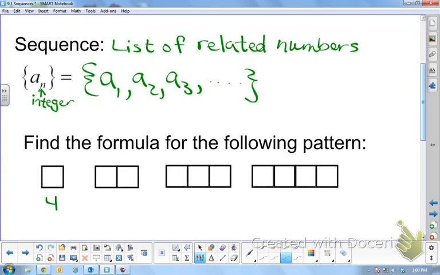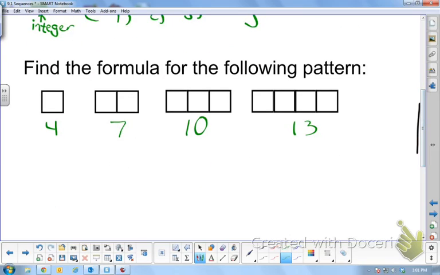How many toothpicks would I need to make the second? 7. How many for the third? 10. What about the last one? 13.